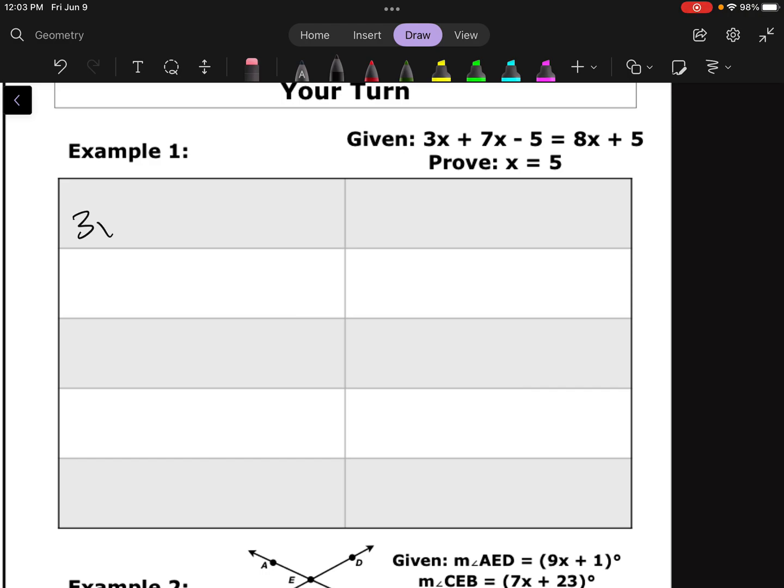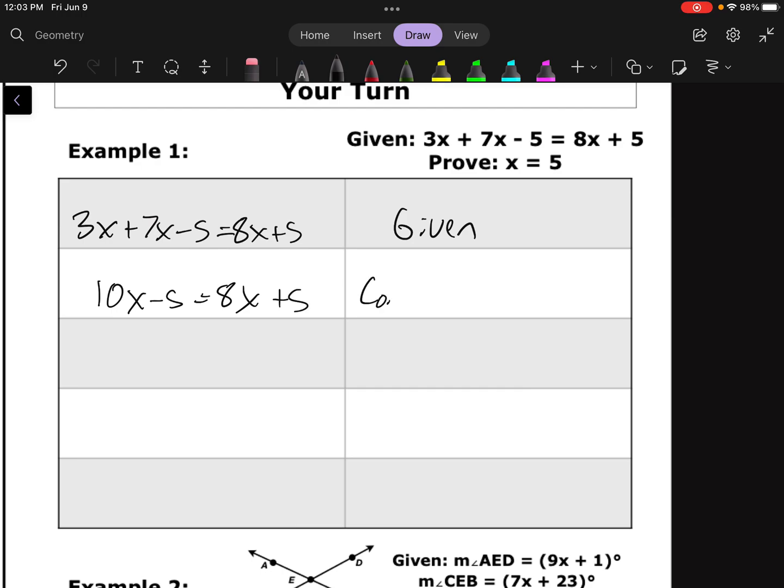All right, so this first one hopefully went well. Definitely should have started off with our given here. Then we should have combined some like terms to 10x minus 5 is equal to 8x plus 5. After that, probably would have been good to subtract that 8x.